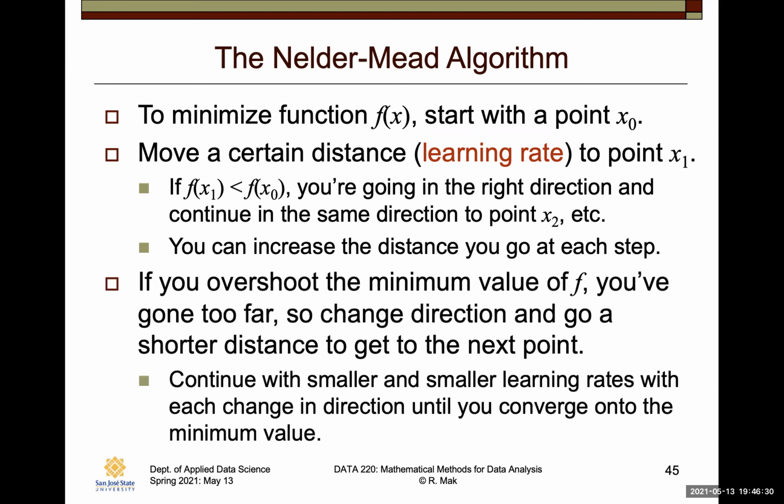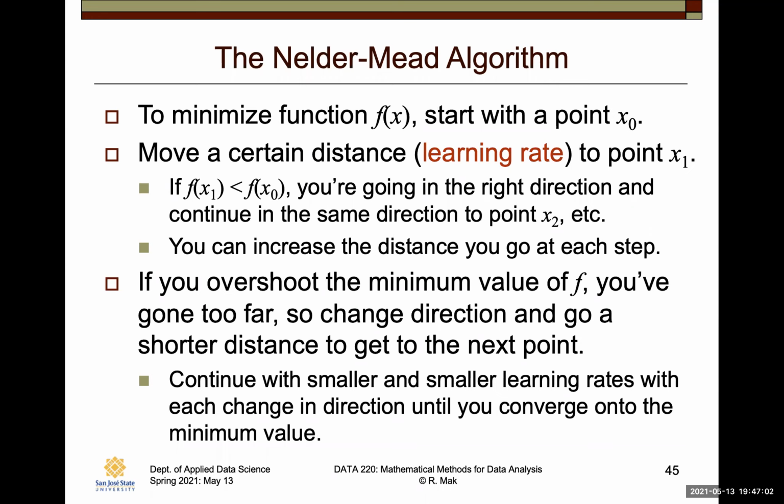And so we moved from this point to that point, and at the other point, the value of the function actually increased. So then you backtrack and go the other way, right? And there you may say, okay, we went too far, so let's go back, but let's not go back the same distance that got us there. Let's maybe cut that distance in half, right? Because if you go back the same distance, you end up at the same point.